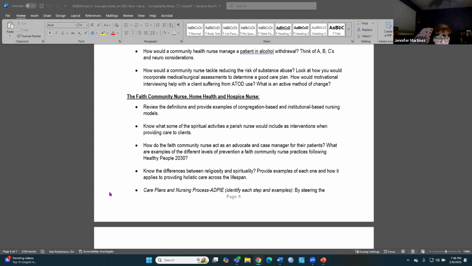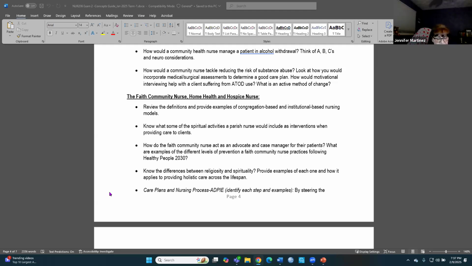And so they're going to perform the services in conjunction with whoever the pastor, minister, priest, or rabbi is, as well as other healthcare members and volunteers, to provide that holistic approach: the body, the mind, the spirit.